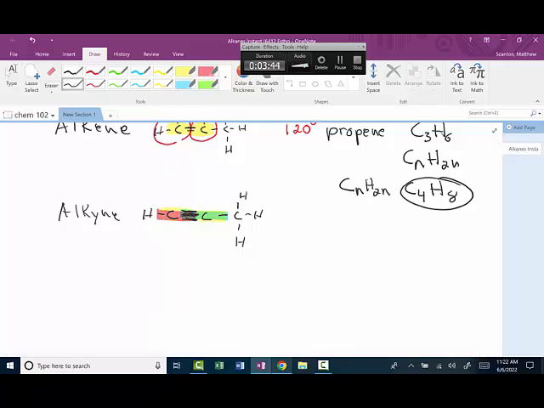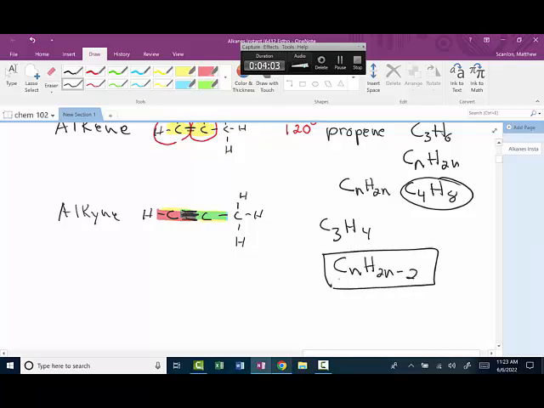The formula here is C3H4, and so we've removed 2 hydrogens, so it is CnH2n minus 2. That would be the general formula. They have a triple bond, and the bond angle around this triple bond should be 180 degrees.